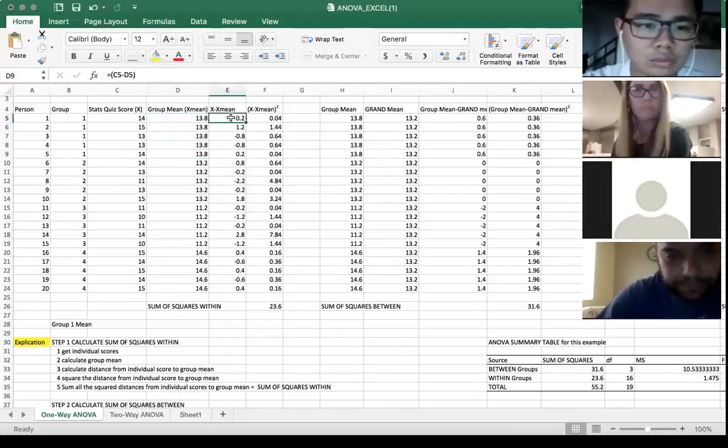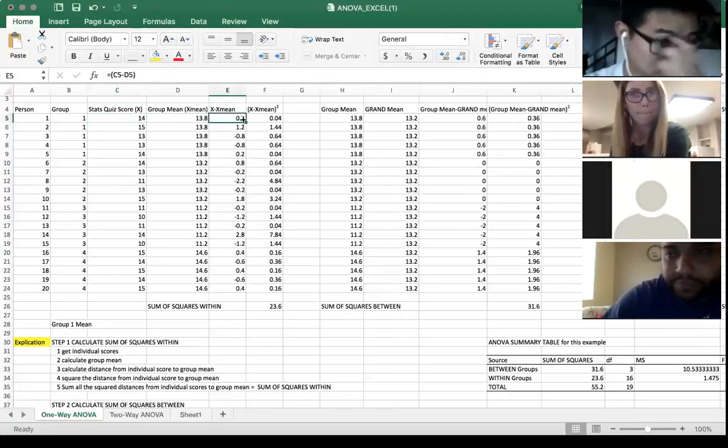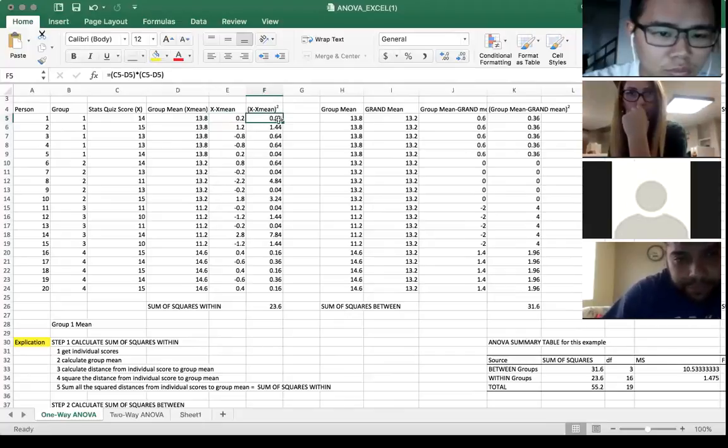Then we calculate the difference to the mean, right? So person 1 in group 1 had 14, group mean was 13.8. So that person was 0.2 points above the group mean. Okay. And then we square this, which gives us 0.04.